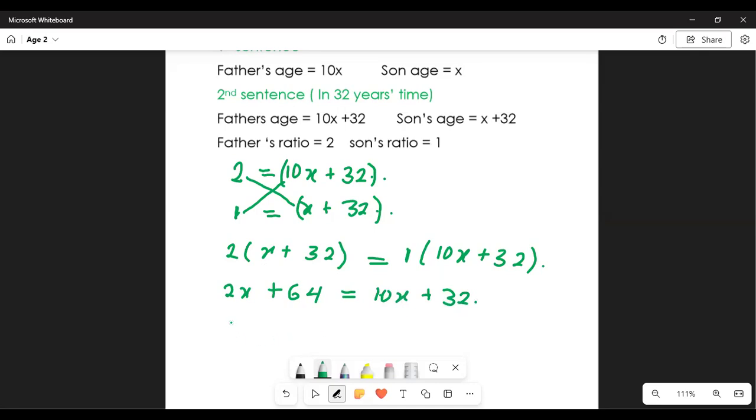So we group like terms. 64 minus 32 is the same as 10x minus 2x.